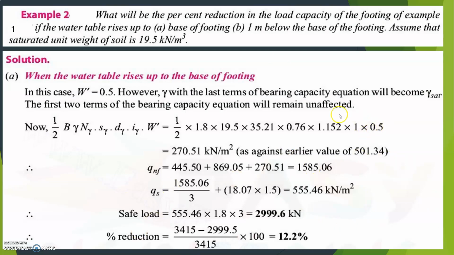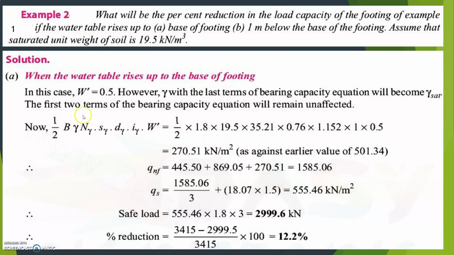Then what about the gamma term? Gamma in the last term of the bearing capacity equation will become gamma saturated now, because the water table is at the base of the footing. So the first two terms of the bearing capacity equation will remain unaffected. Only the last term we are changing now.